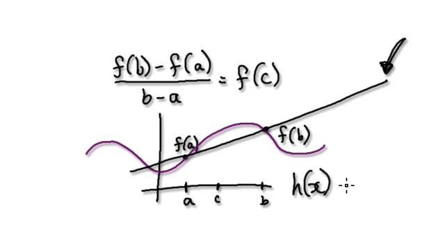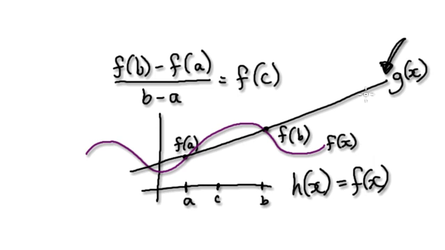Remember, f of x is this purple line here. Let's call the equation of the straight line g of x. We're going to define h of x as being f of x take away g of x.